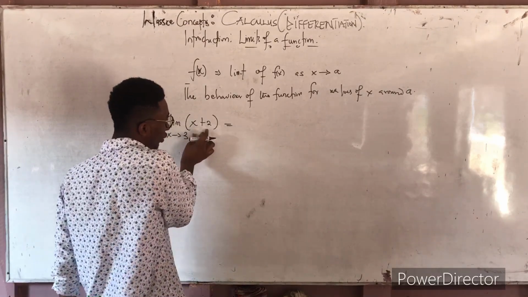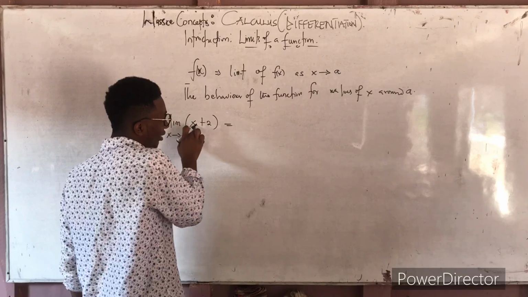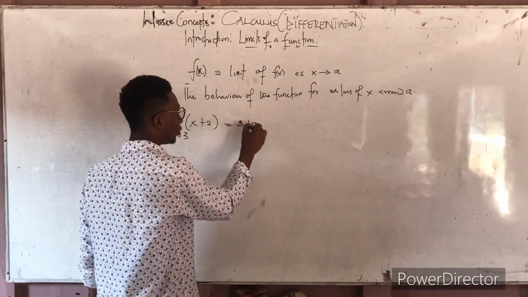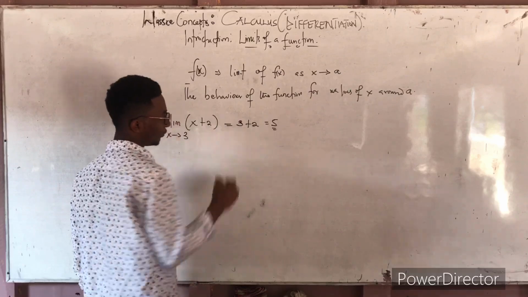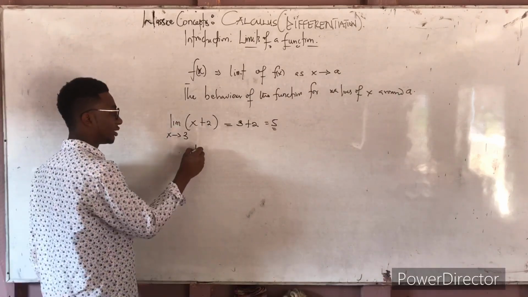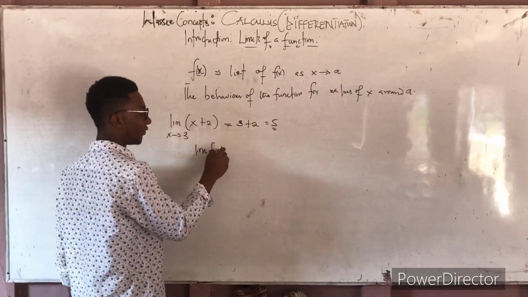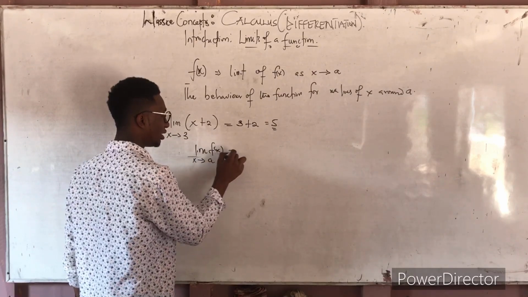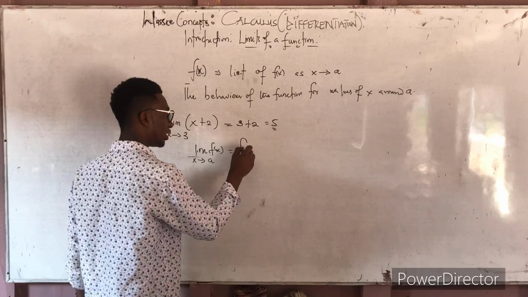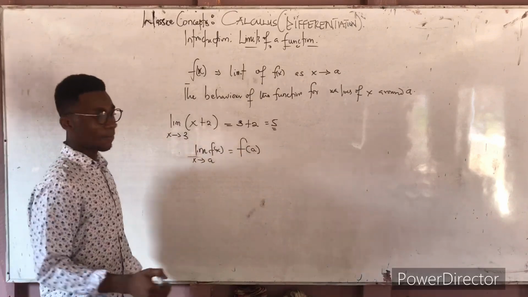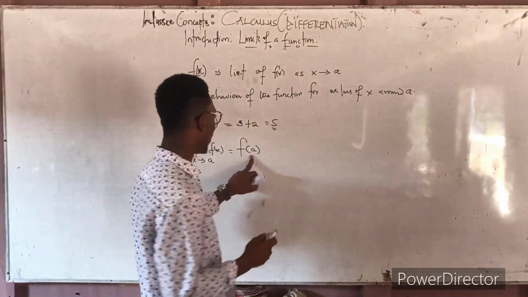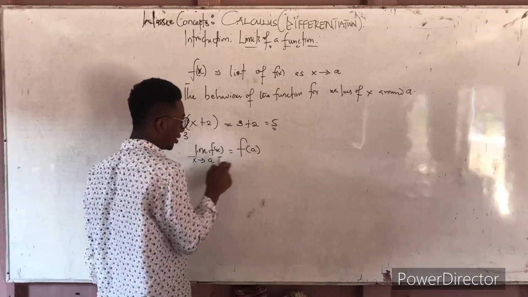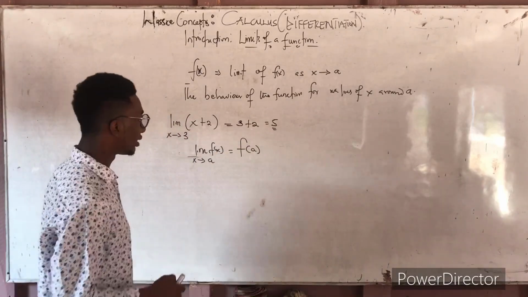So the behavior of this function for values of x around 3 will be 3 plus 2, and that will give us 5. So anytime you have the limit of a function f of x as x is approaching the constant a, it becomes the function itself of a, that is the value of x around a.